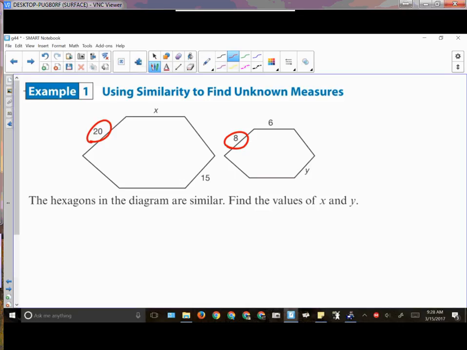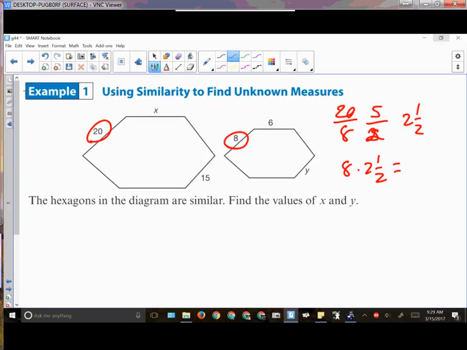By 2.5. Okay. So you went and took 20, divided it by 8, right? And that went down to, I can reduce down to 5 over 2, which would be 2.5. So if I take 8, multiply it by 2.5, that should equal 20, right?